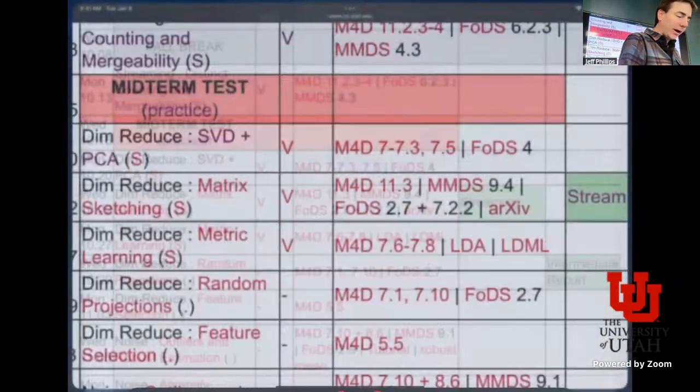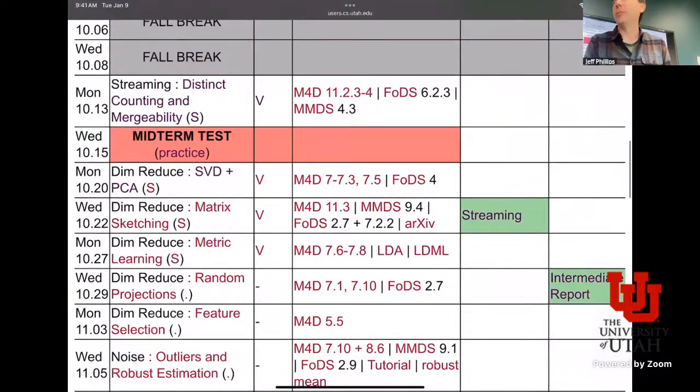Just to review, we're in the dimensionality reduction part. We've covered the basics with the singular value decomposition and PCA. We talked about scaling this up to fairly recent changes in how people approach very large scale in the last 10 years that changed stuff that had been fixed for like 50 years.